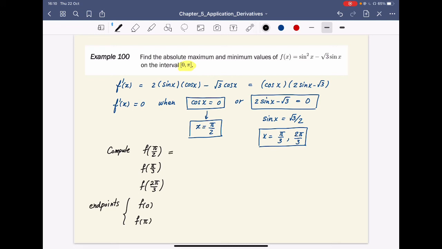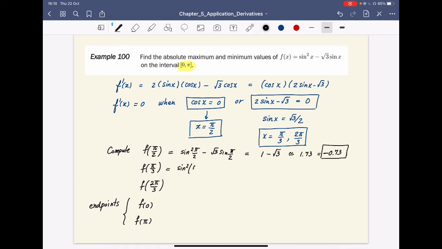So this one I compute it to be sine square pi over 2 minus square root 3 sine pi over 2. Sine pi over 2 is 1, so it's going to be 1 minus square root 3. Right? And square root 3, this is about 1.73. So this is negative 0.73. All right, save it for later. Next, f pi over 3.